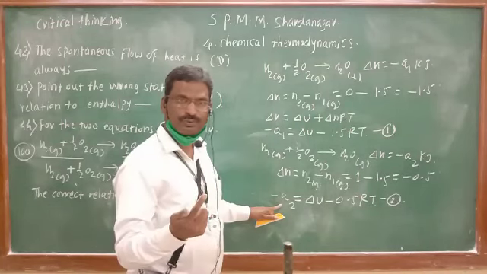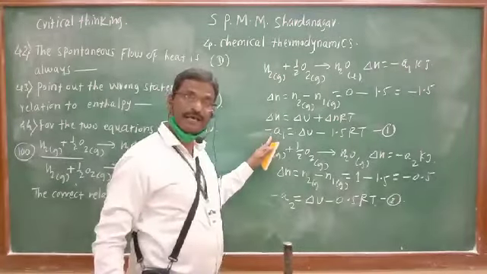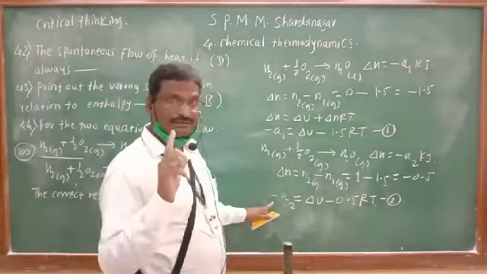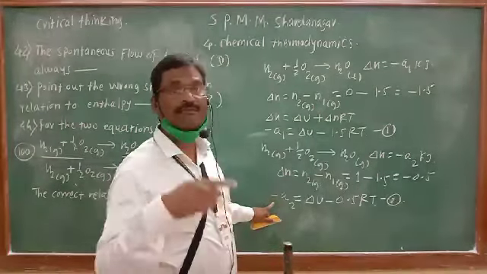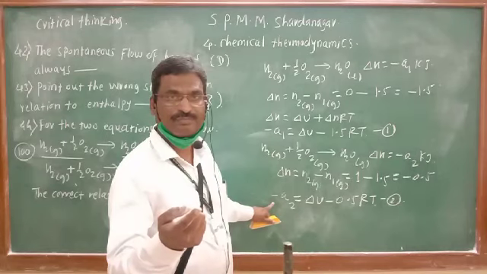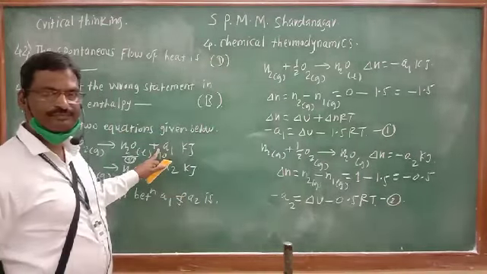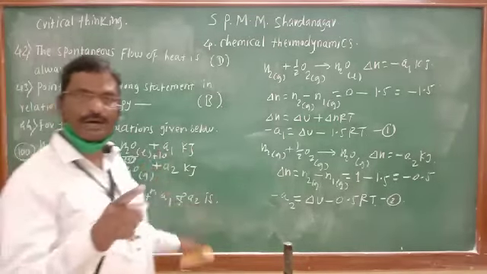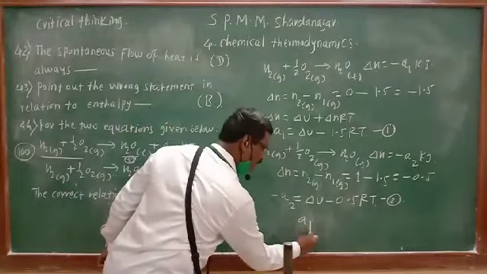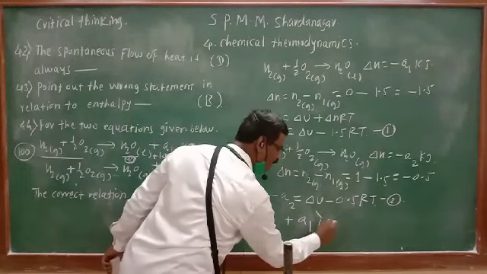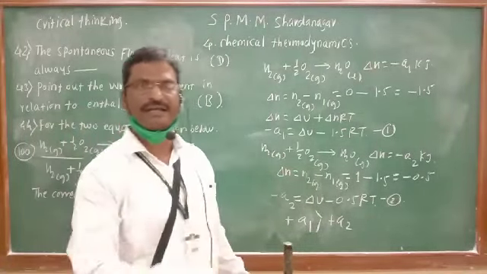Minus A2 is greater than minus A1. See it critically. Minus A2 is greater than minus A1. And we have to find out the relation for plus. Therefore, plus A1 is greater than plus A2, or A2 is less than A1.